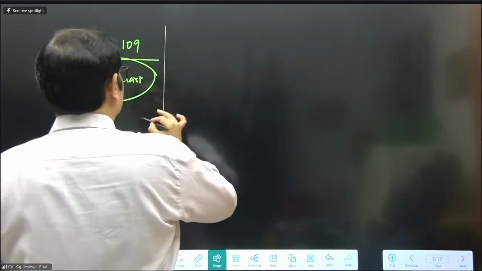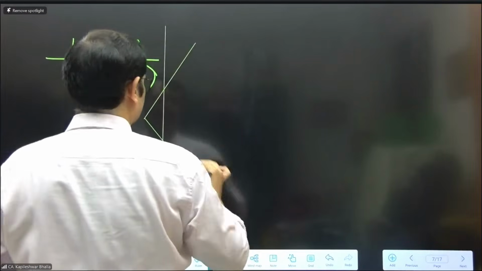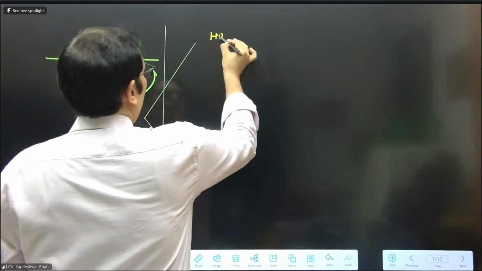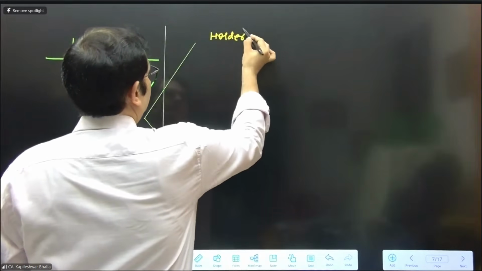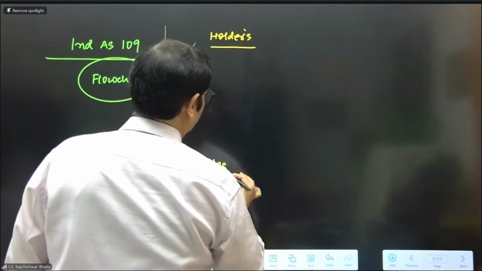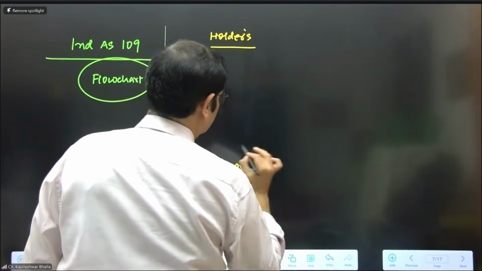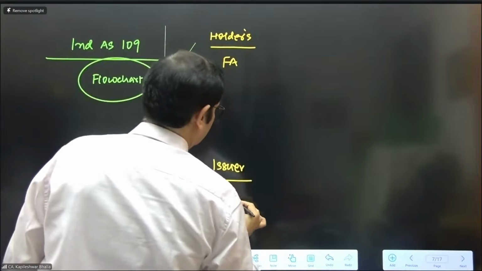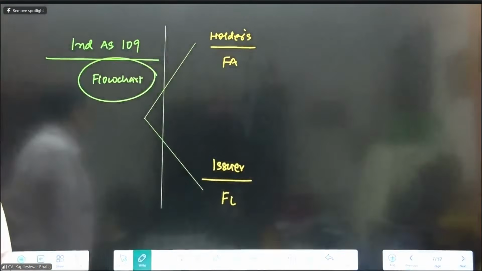When it comes to the inputs in terms of 109, your focus turns to two points of view. One is the holder's point of view, and the other is the issuer's point of view. That means the focus is on the financial asset and on the financial liability.